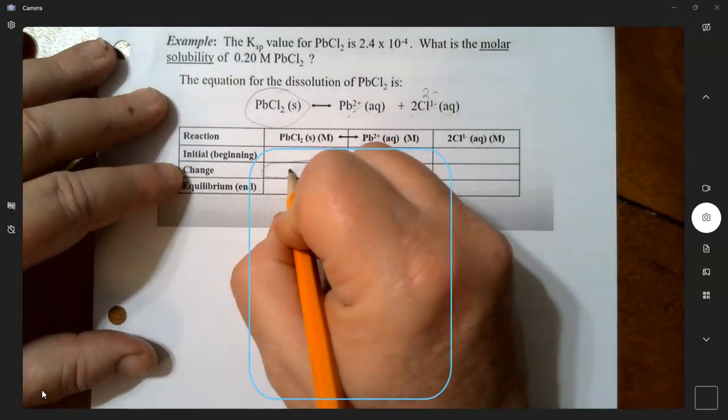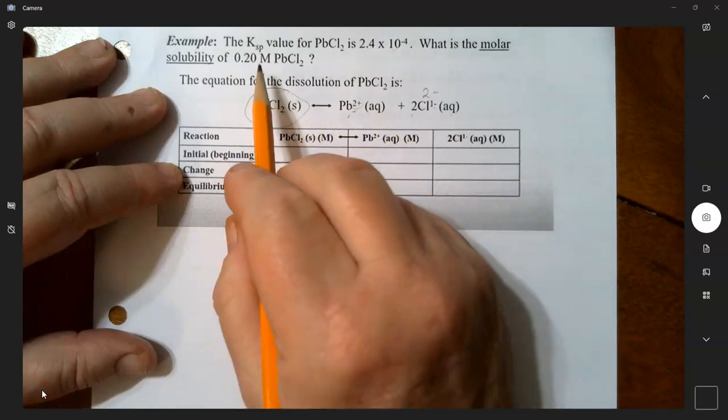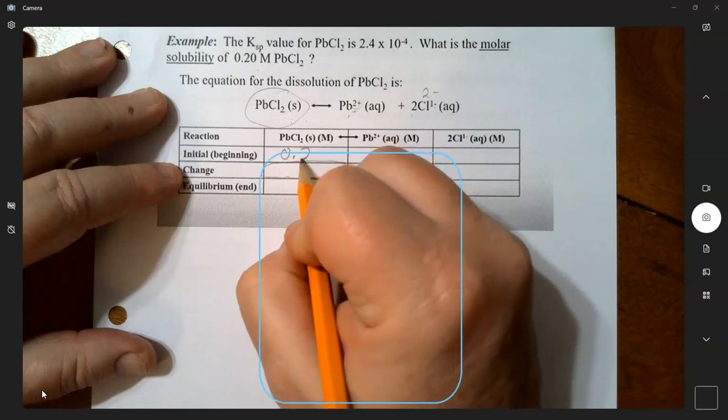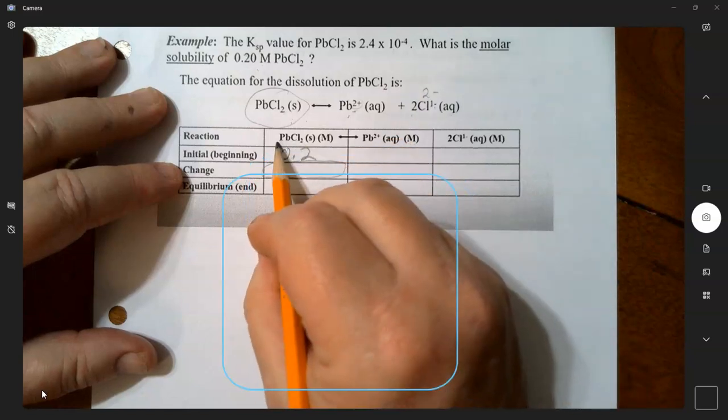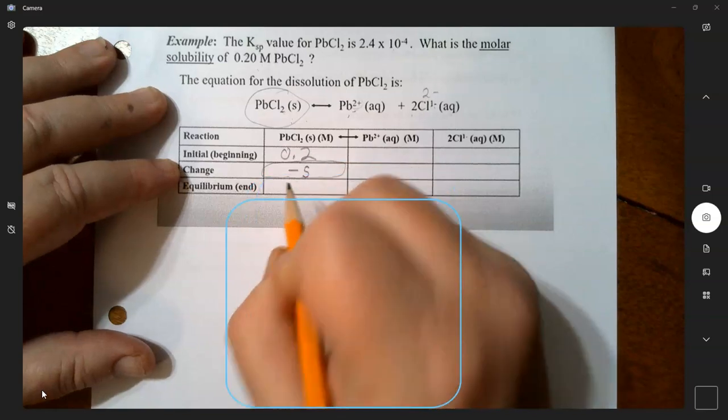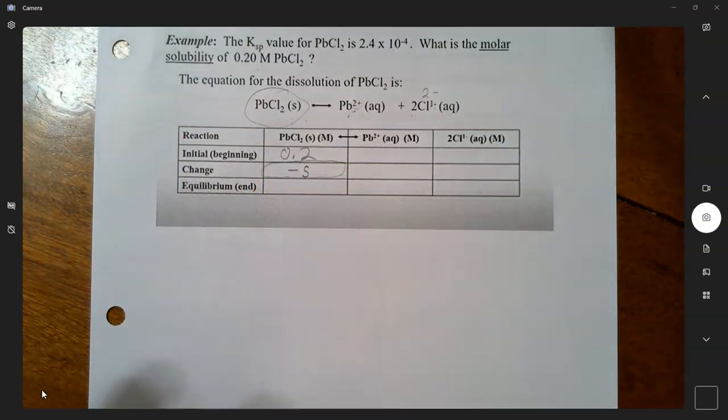So we're going to first put it says 0.2 molar. And then the coefficient is 1, so it's going to be minus, but we're going to use S. Because you could use X, perfectly fine, except this tells you that it's a molar solubility. It's something special. It's not just another random variable that's a change variable, okay?